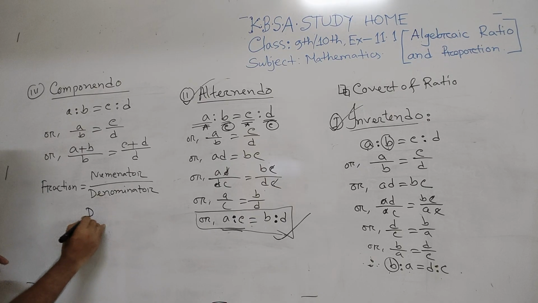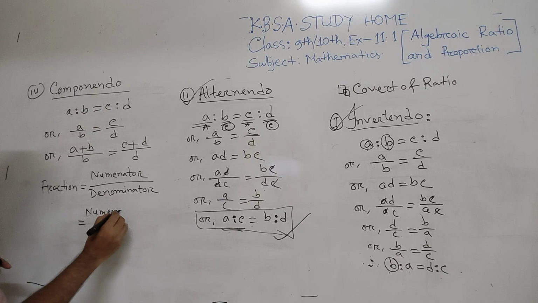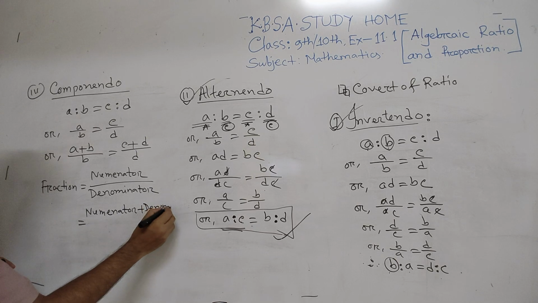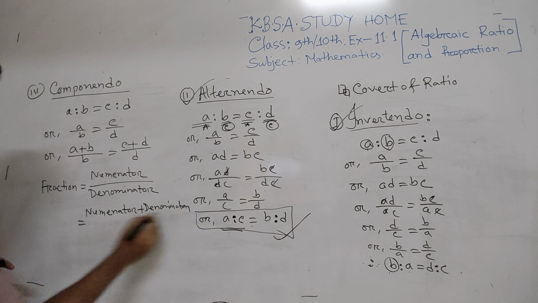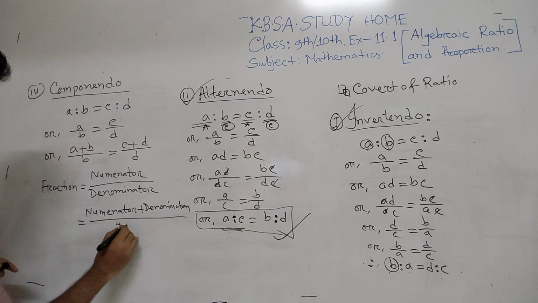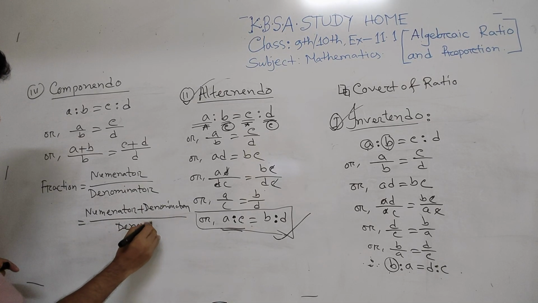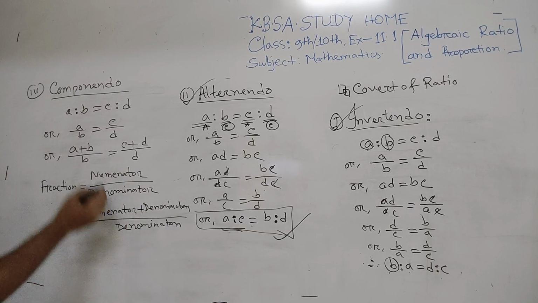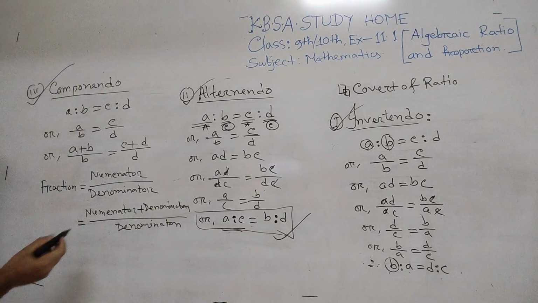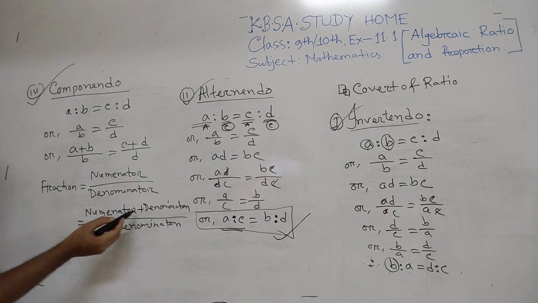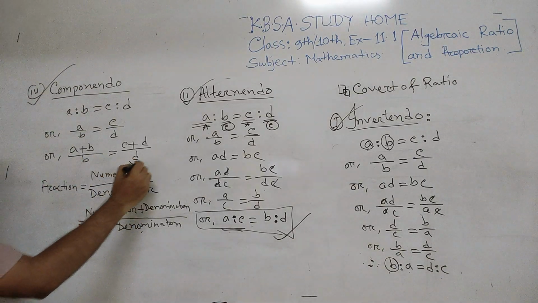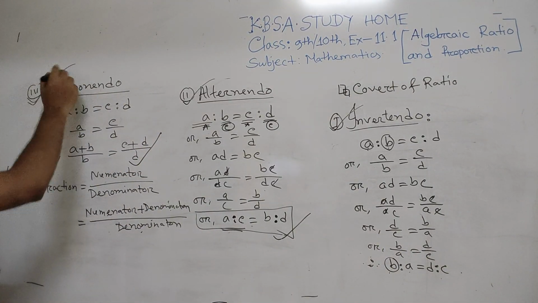We write first numerator plus denominator divided by denominator. This system is called componendo. Numerator must be written first, plus denominator, divided by denominator. You can follow this formula, it is called componendo.